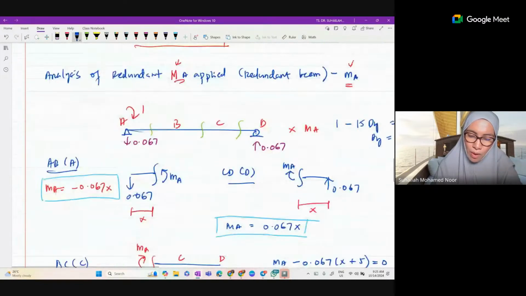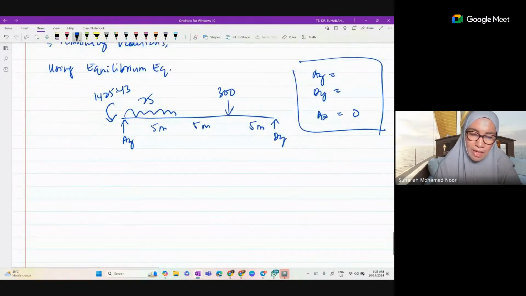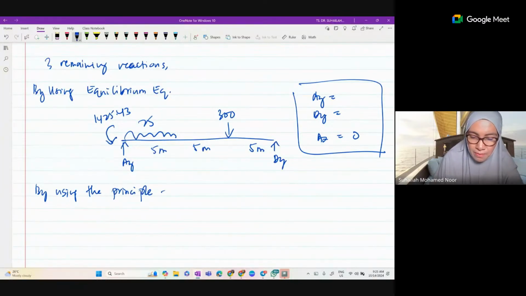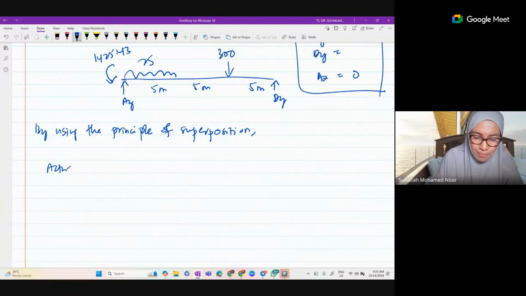Dia macam ni. Kita nak cari AY. So another option is by using equilibrium equation, or we can use principle of superposition. If we use the principle of superposition, okay, we have actual beam equal to primary beam plus redundant beam.